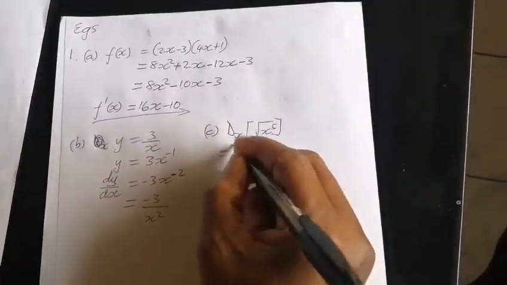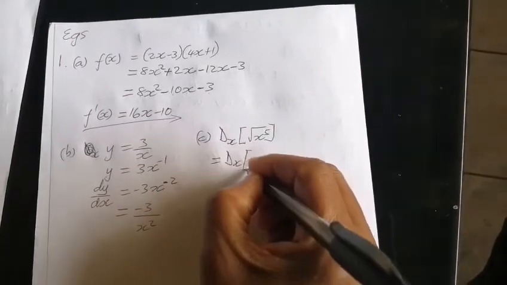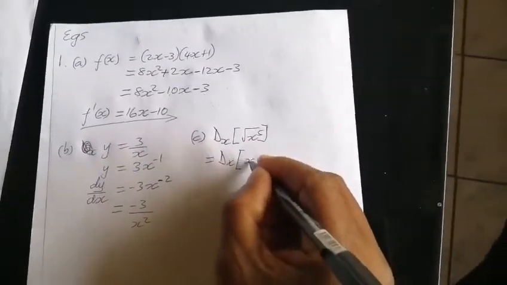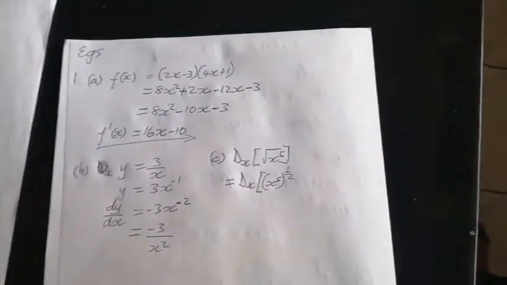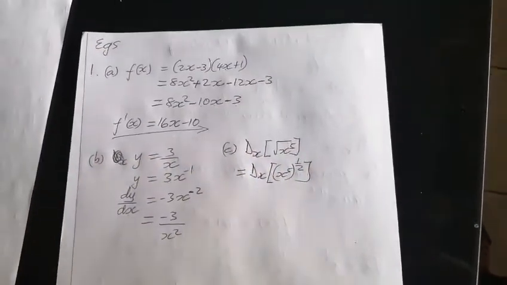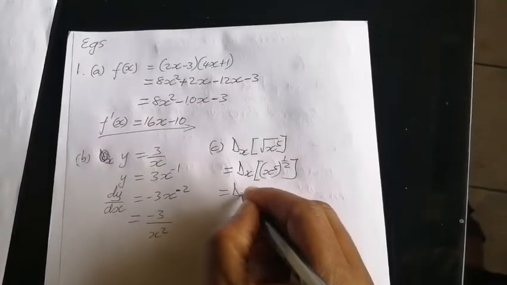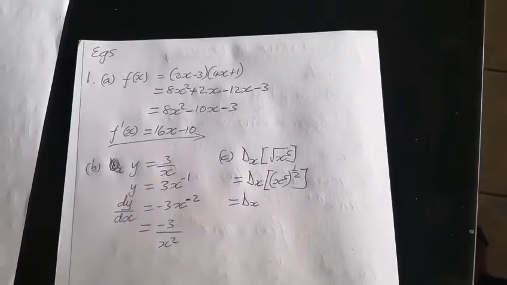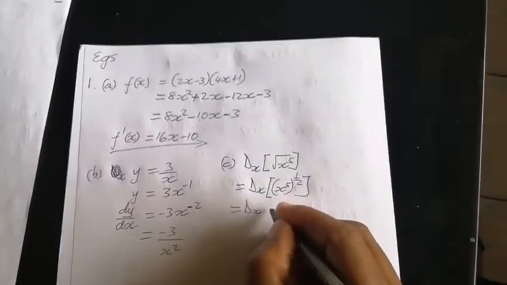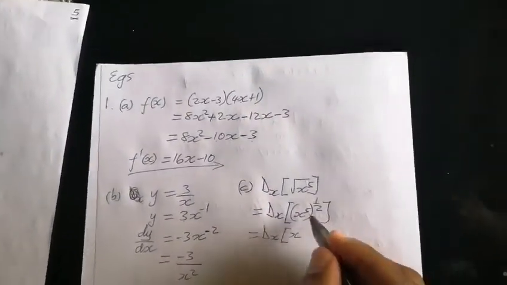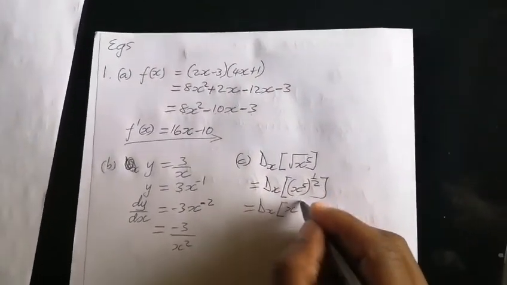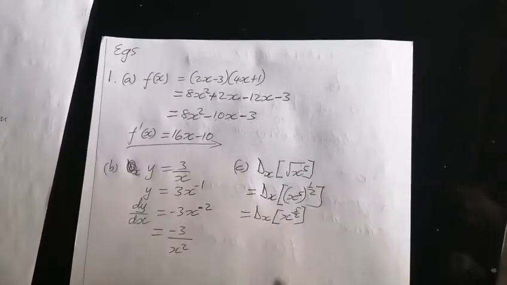So d/dx comes back. This is x to the power 5 all to the power half, because there is square root. Then this is d/dx of root of x. We multiply the exponents, which is 5 over 2.